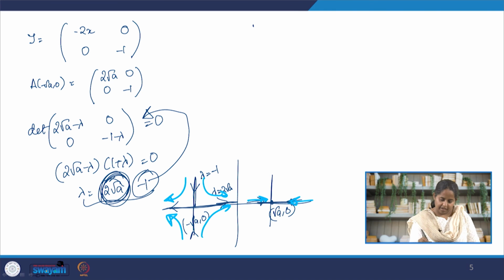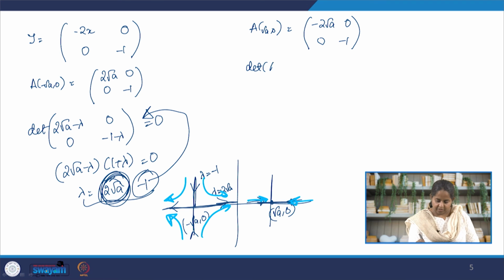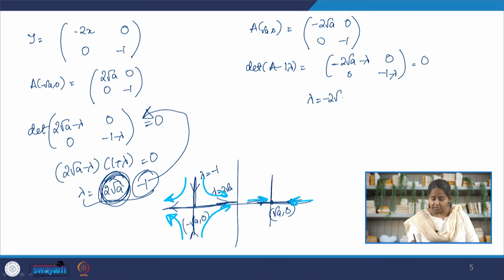So again our characteristic equation for root a, 0 is set up, and then we have lambda equal to minus 2 root a and lambda equal to minus 1 as our eigenvalues. The corresponding eigenvectors would be given by this.